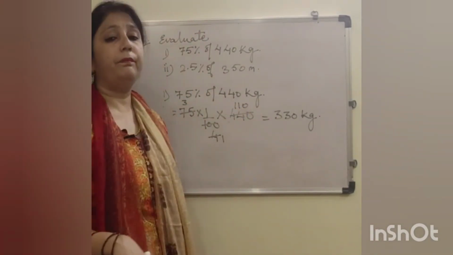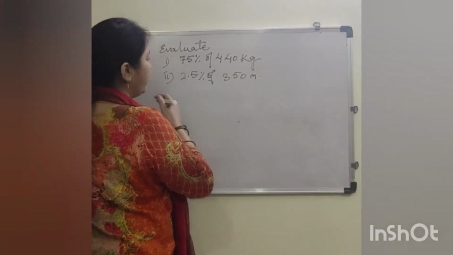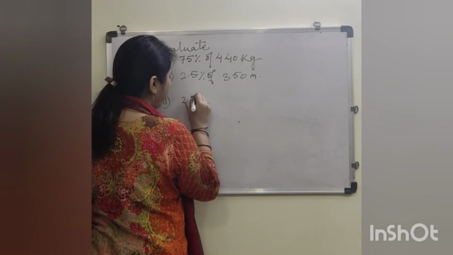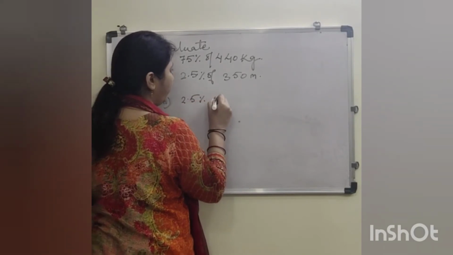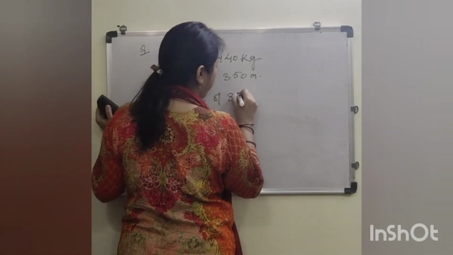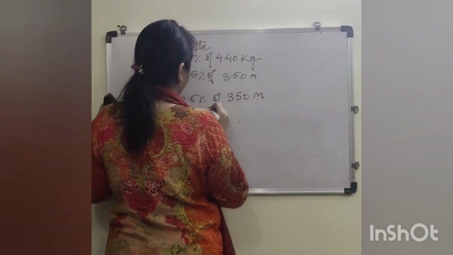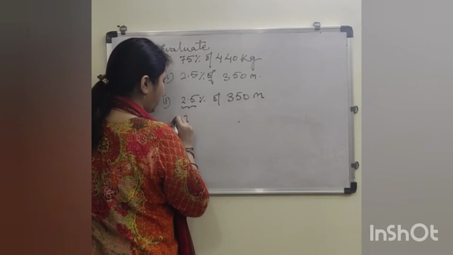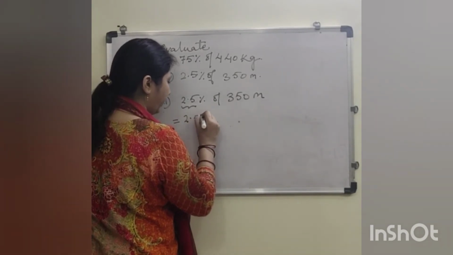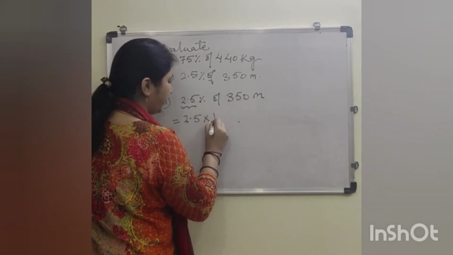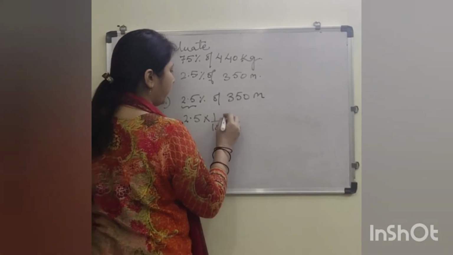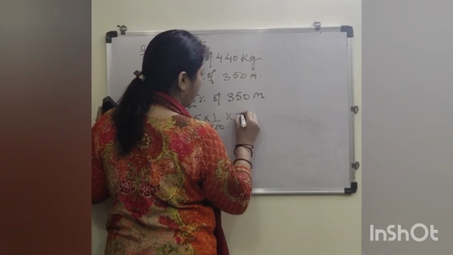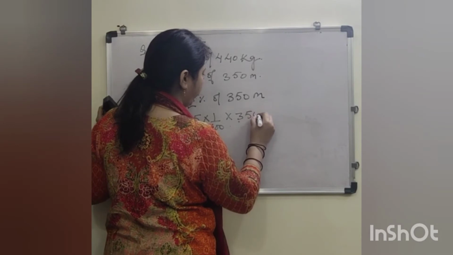Now, the second part of the question is 2.5% of 350 meter. There is no problem if it is given as a decimal. We do the same working. 2.5. To remove the sign of percentage, multiply by 1 over 100. Of stands for multiplication and 350.